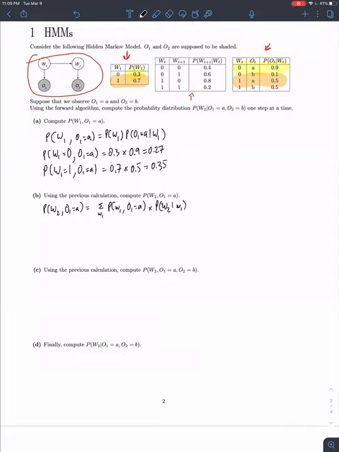So how do we cash this out? What's probability that W2 is 0 and O1 equals A?